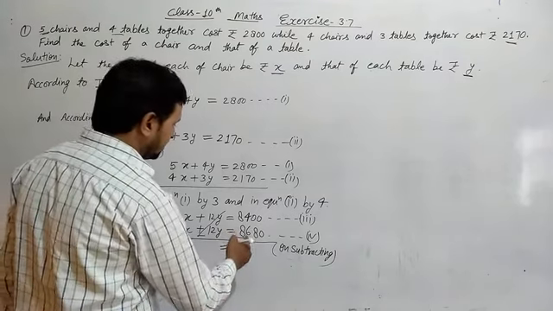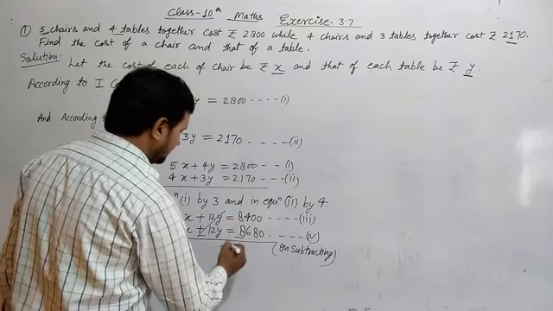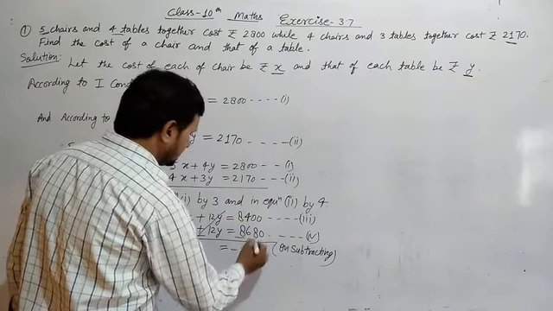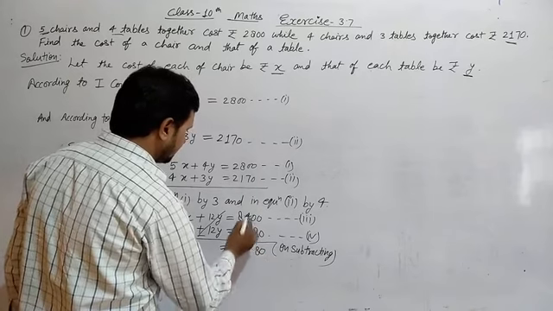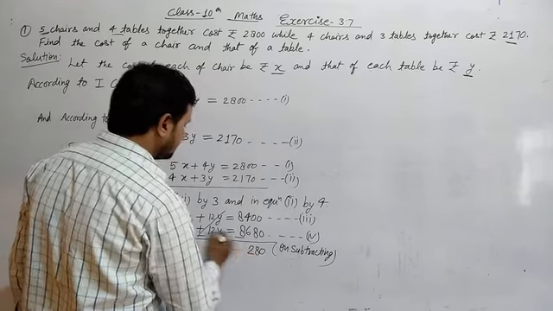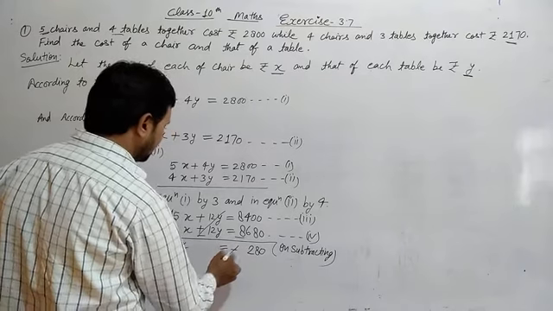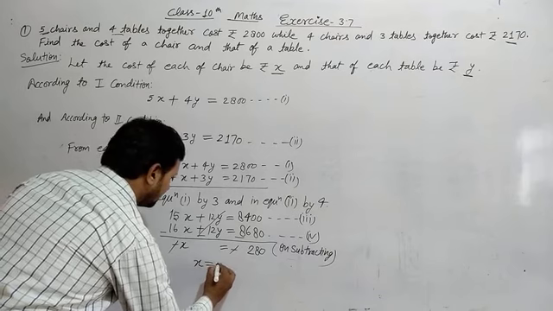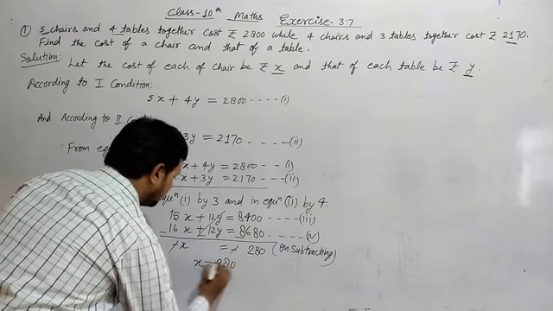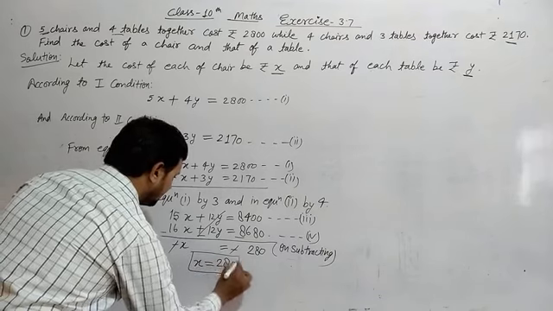This is the greater number and this is the smaller number, so we get minus. So 0 0, 0 8, 6 minus 4 is 2, 8 minus 0, means minus 280. Minus 1 cancels out, so we can write x is equal to 280, means this value is for each chair.